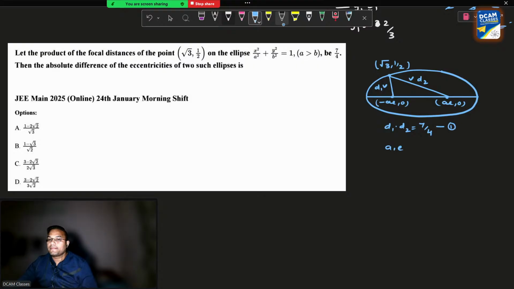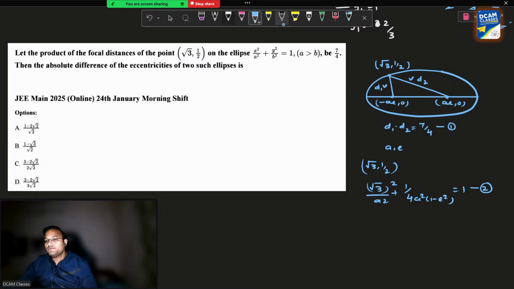Correct? Now also this root 3 comma half lies on the ellipse, so it should satisfy it. Root 3 whole square by a square plus 1 by 4 b square is what? a square into 1 minus e square is equal to 1. Correct? One more relation a and b you have got.